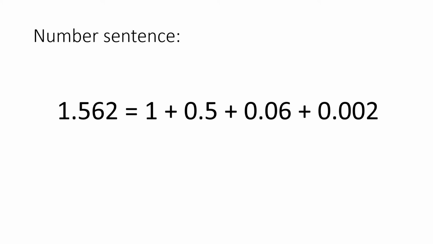Here it is as a number sentence. We can see we have 1.562 equals 1 plus 0.5 plus 0.06 plus 0.002. This number is 1 add 5 tenths, add 6 hundredths, add 2 thousandths.